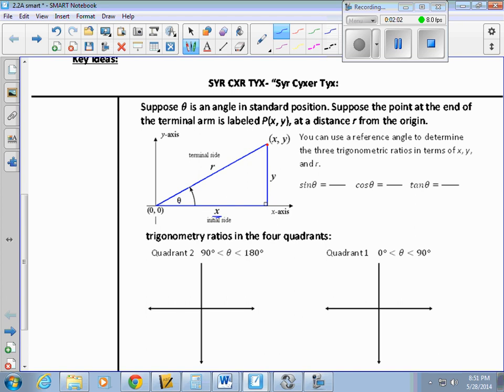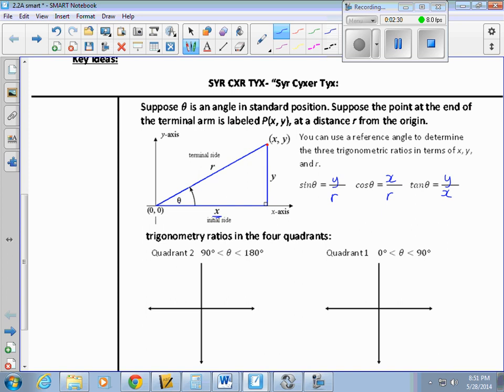So sine, if sine is opposite over hypotenuse, then that would be y over r. Cos is adjacent over hypotenuse, so that's the side beside, so that'll be my x, and my hypotenuse, of course, is r. So tangent is opposite over adjacent, so that's y over x.